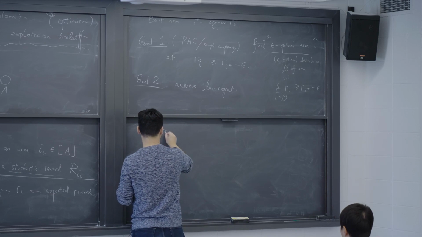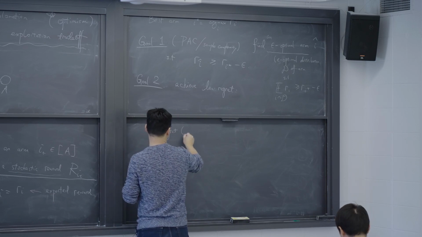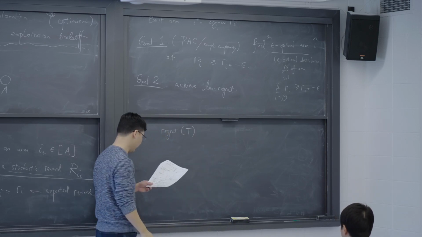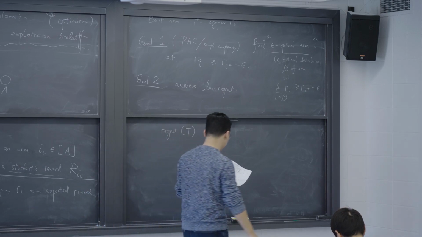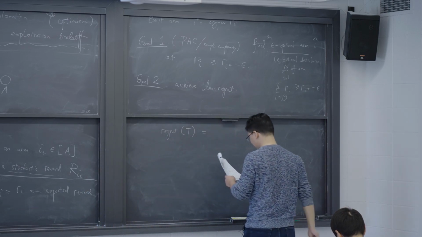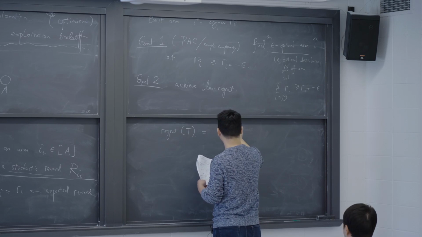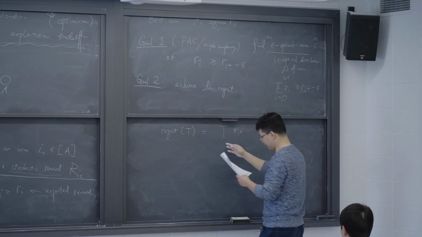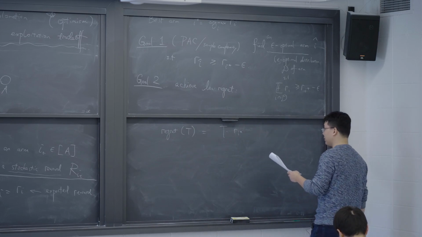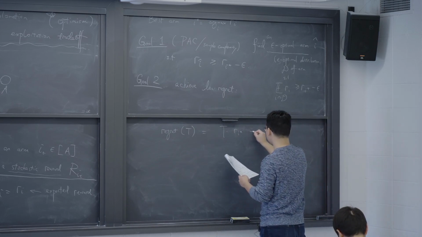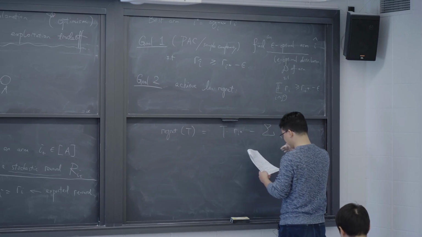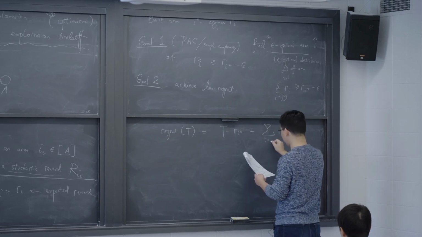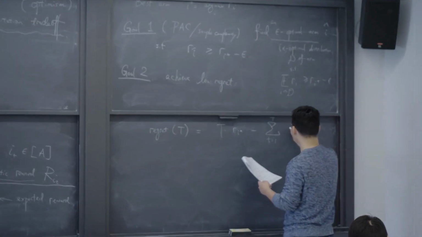The regret up to iteration t, where t is the number of iterations, is equal to t times i star, the best expected reward you can achieve, subtracted by the expected reward you receive by picking your arm sequence i_t.